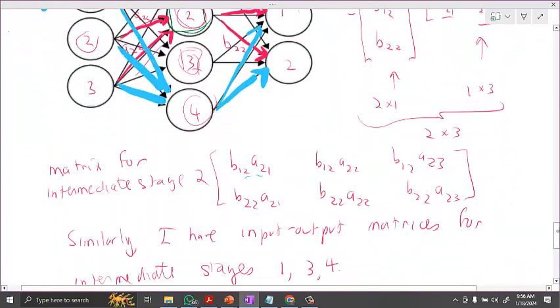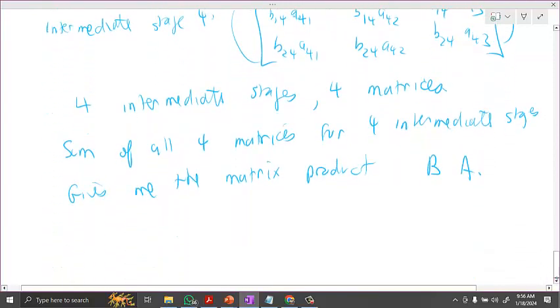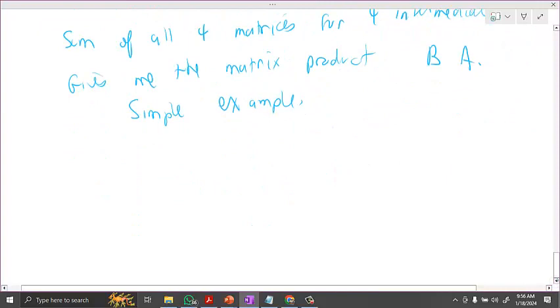Let me do a simple example to show you that that works. So, simple example would be something like this. Let's have my input and my intermediate and my output.